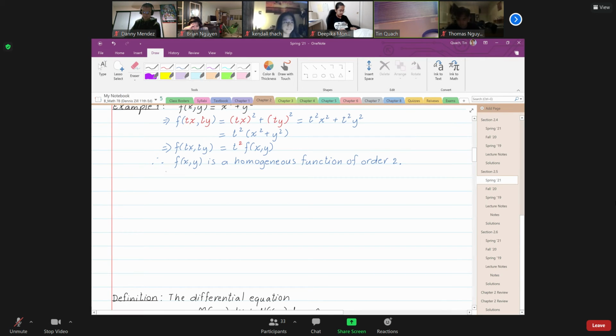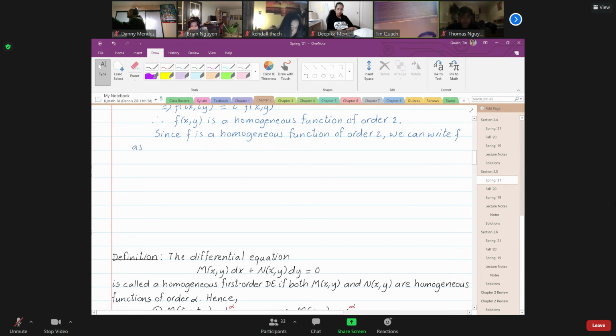Since f is a homogeneous function of order 2, we can write f like this.